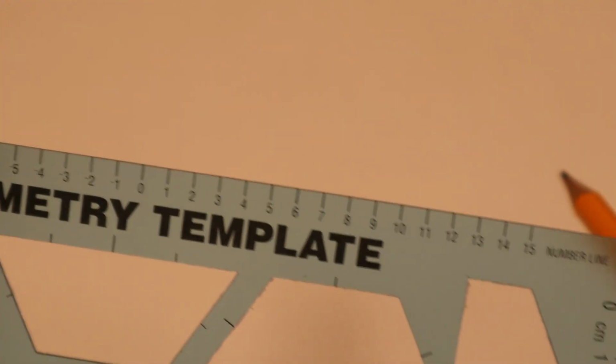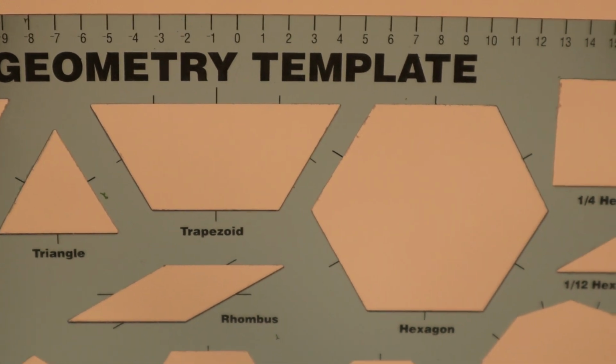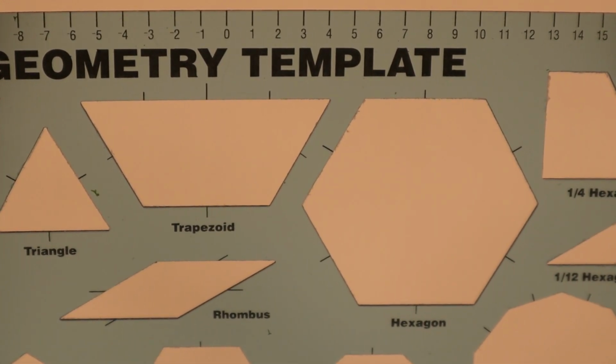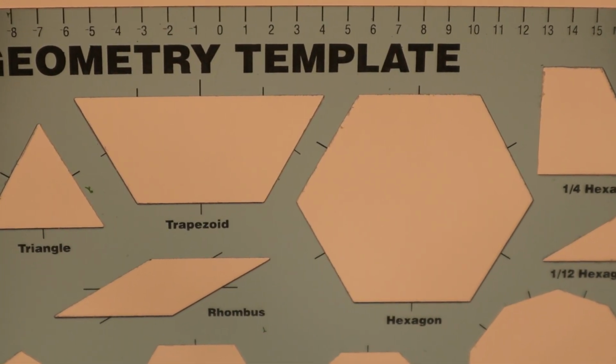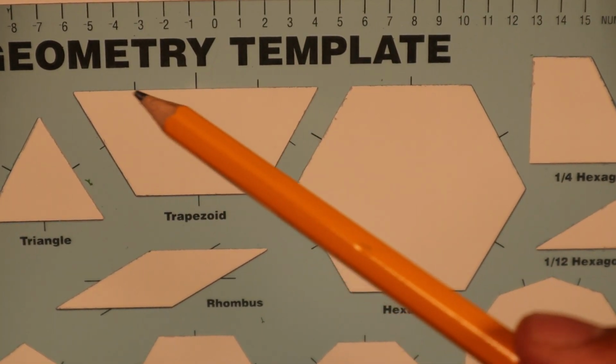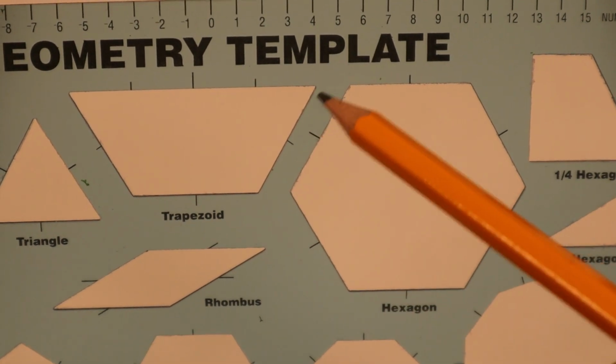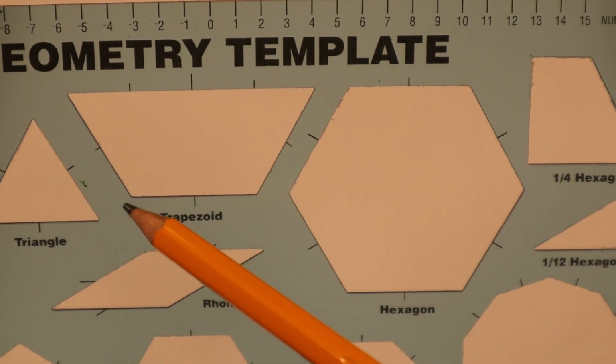Another quadrilateral we may be using is the trapezoid, and this one has one pair of parallel sides. So this side is parallel to this side. These sides are not necessarily parallel to each other.